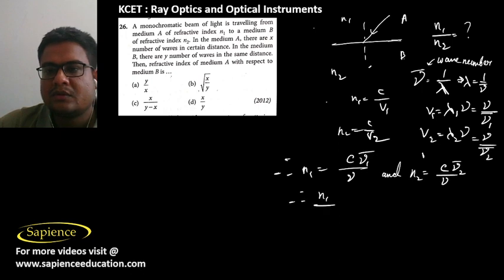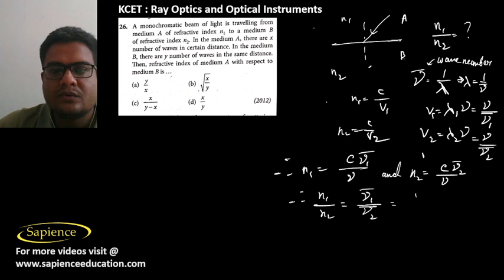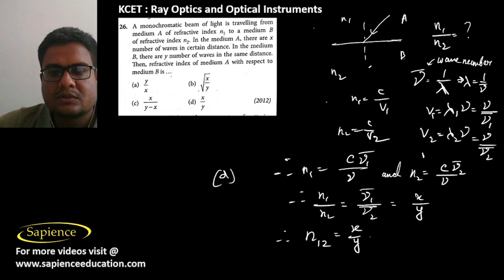So therefore n1 by n2 is equal to nu1 bar by nu2 bar. This is only equal to the wave number, that is x by y. So the refractive index of medium A with respect to medium B, n12, is x by y. So option D is the correct answer.